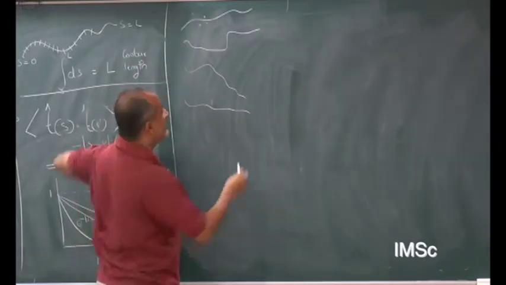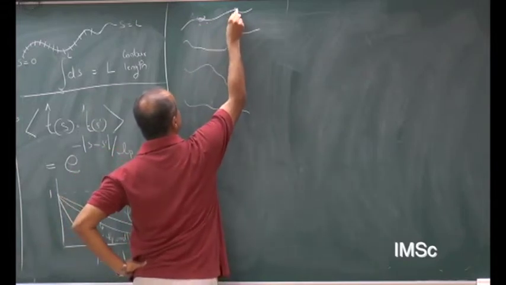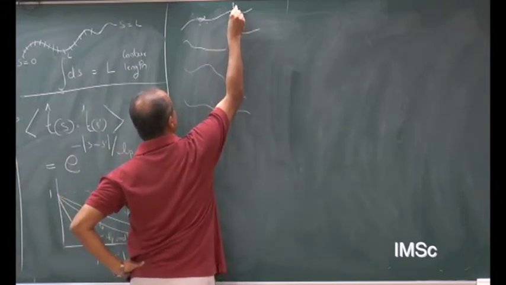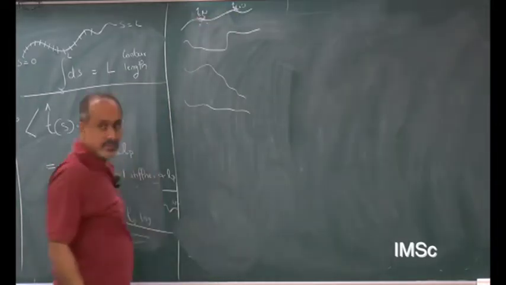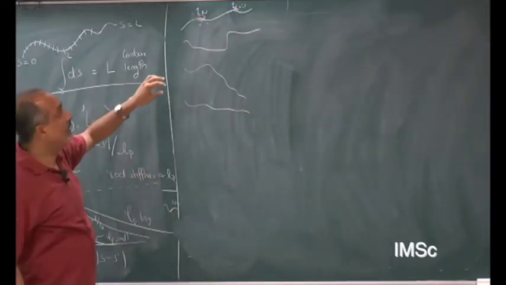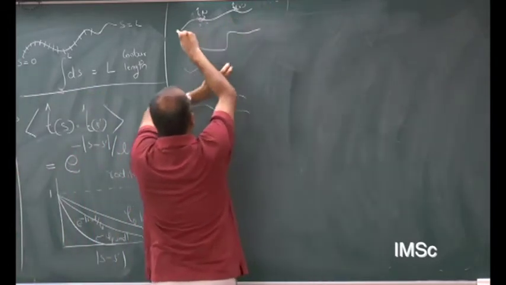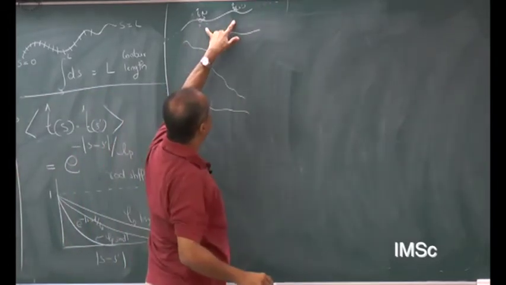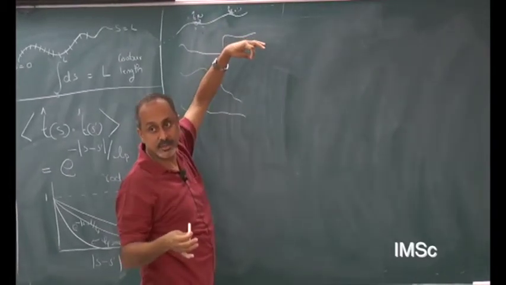One way to do it is to look at the correlation of the tangent vector here with the tangent vector at some other point. So this is t hat of s prime, this is t hat of s. If the chain is long enough, what s and s prime are doesn't matter. This quantity depends only upon s minus s prime, the difference between s and s prime.